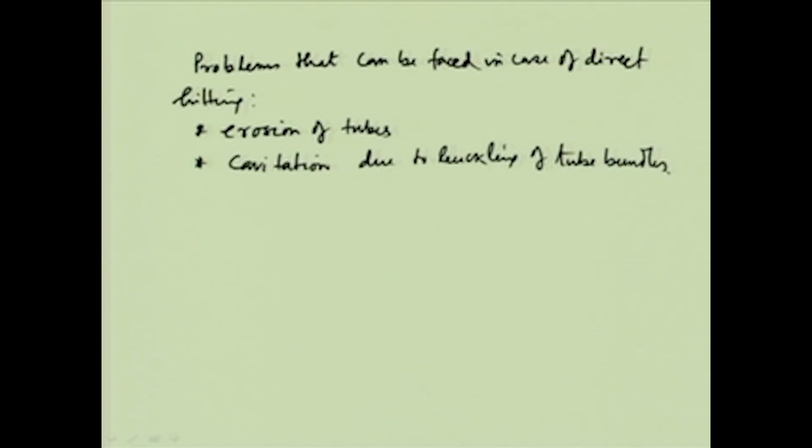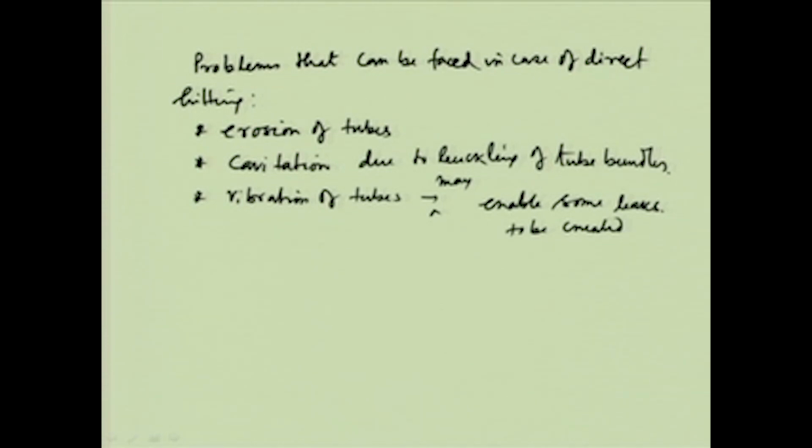So, these are the problems that can happen, and then vibration of tubes. Okay. So, that may make them loose or may enable some leaks to be created due to the vibration of the tubes.